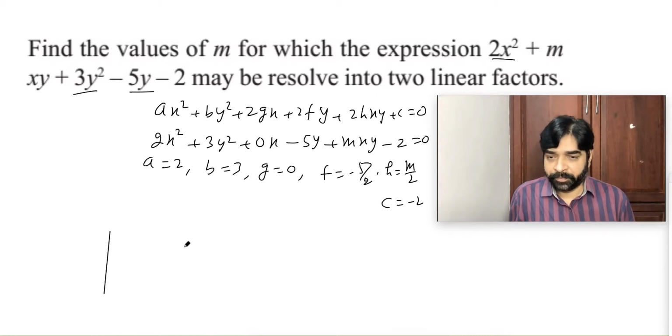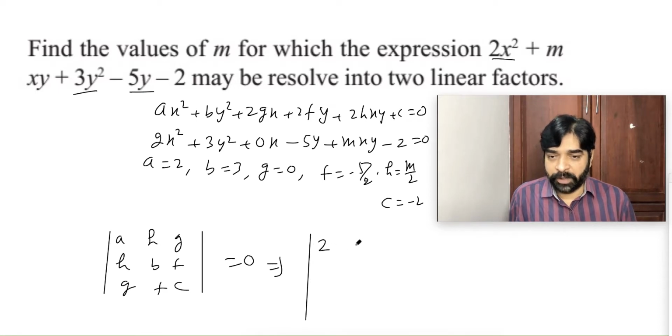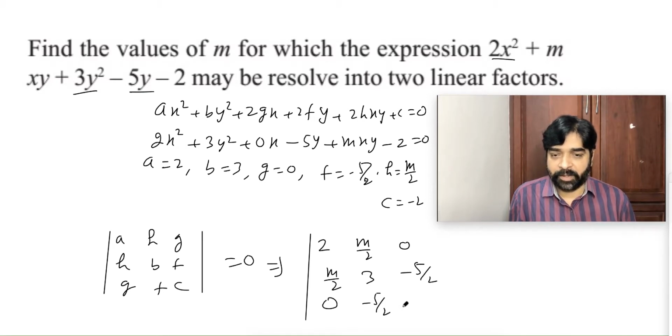Determinant abc plus 2fgh minus af square minus bg square minus ch square equal to 0. So putting into this: a value 2, h value m by 2, g value 0, h value m by 2, b value 3, f value minus 5 by 2, g value 0, f value minus 5 by 2, and c value minus 2 equal to 0.